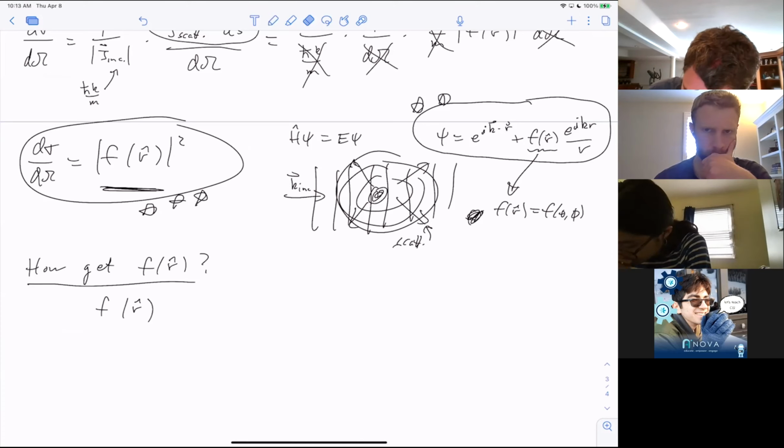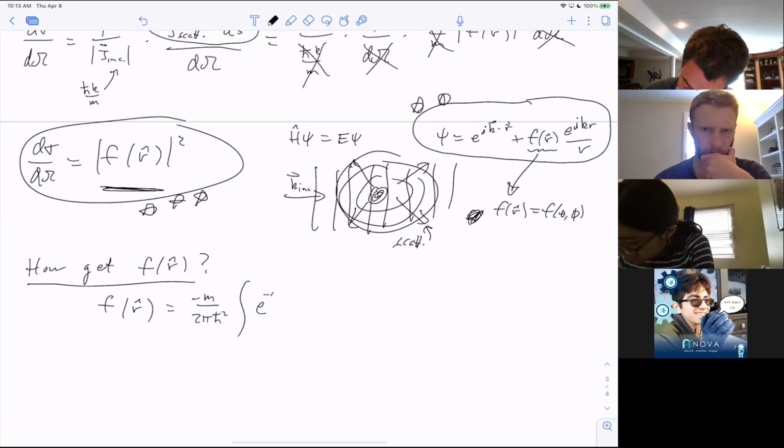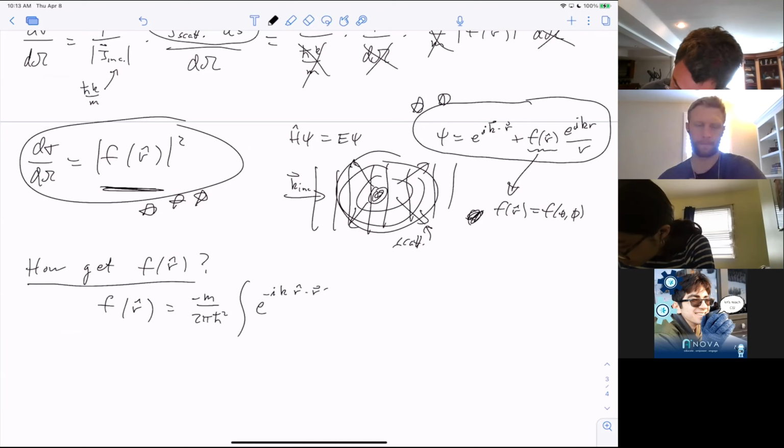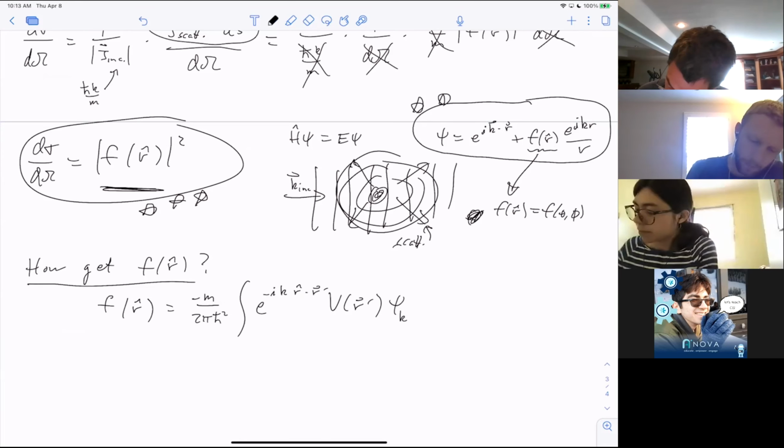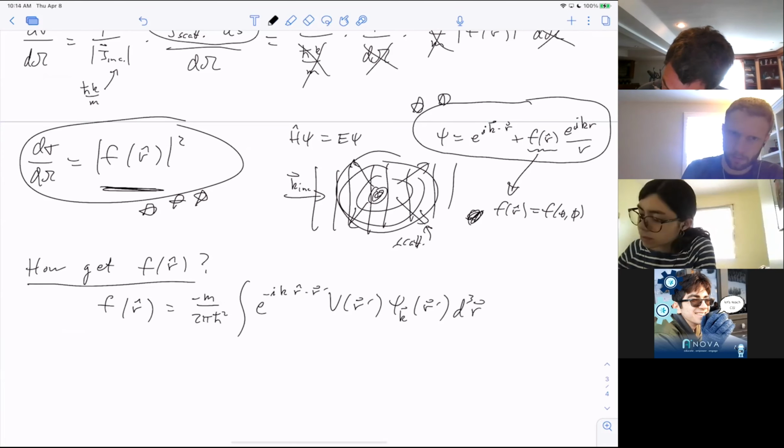We derived this expression using the Green's function as this complicated thing: negative m over 2 pi h bar squared, e to the negative i k r hat dot r prime, times v of r prime, times psi of k of r prime, d cubed r prime.